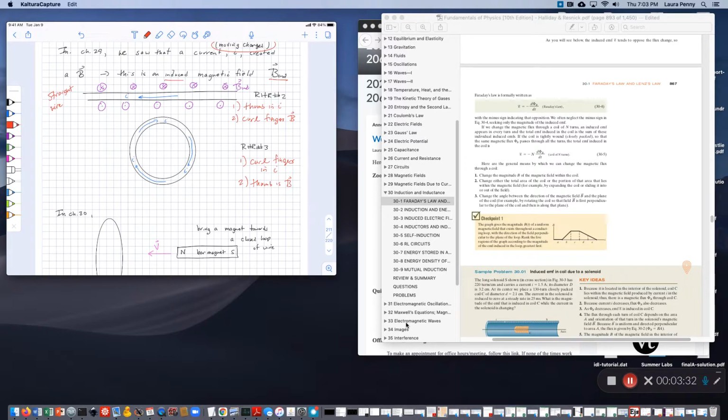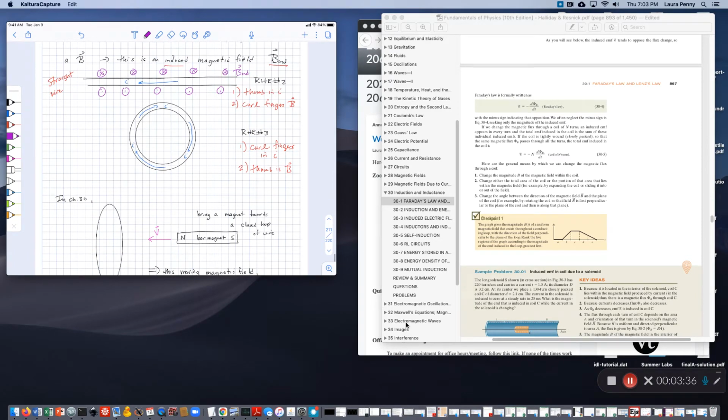So here, this is my right hand, I'm going to curl them clockwise like this, and then my thumb is pointing in. So here, my thumb is pointing in at the center of this coil. And again, this is an induced magnetic field, so I'll write it that way.